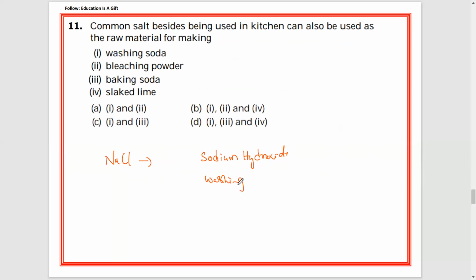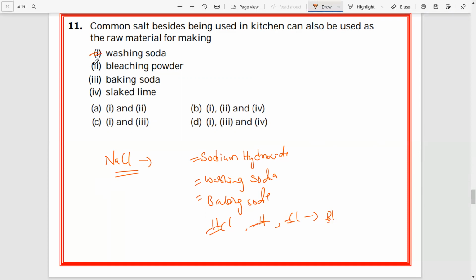NaCl is the raw material to make washing soda and baking soda. It is used to prepare HCl, and it is used to prepare hydrogen gas and chlorine gas, and that chlorine gas is used to prepare bleaching powder. So simply to say, NaCl is used to make sodium hydroxide, washing soda, baking soda, HCl, hydrogen gas, chlorine gas, bleaching powder.